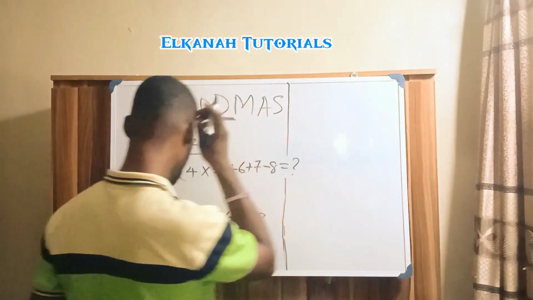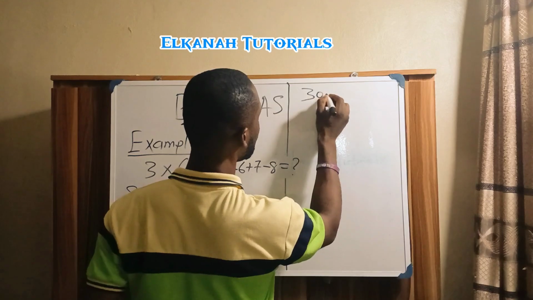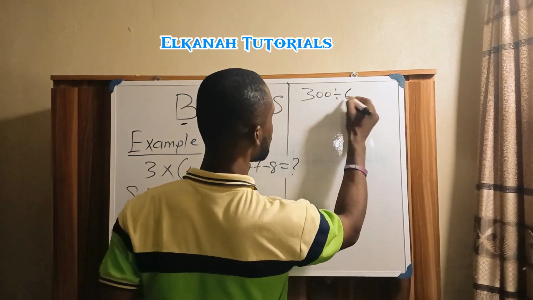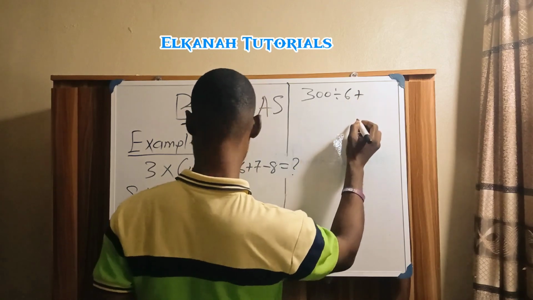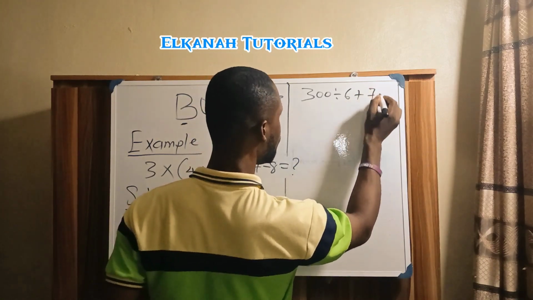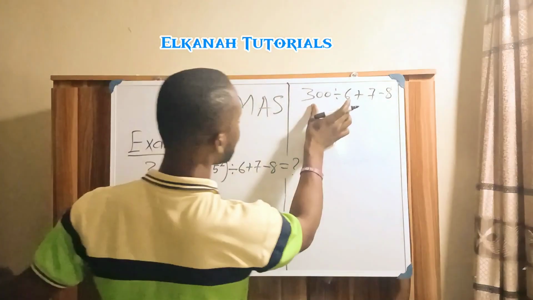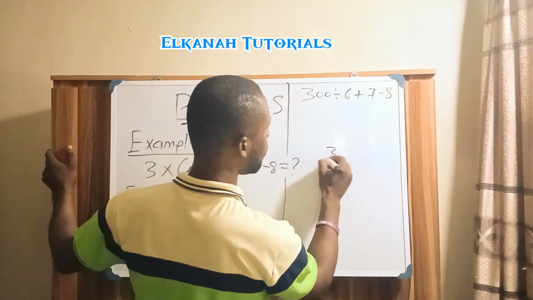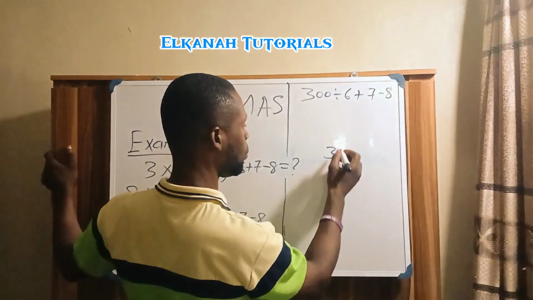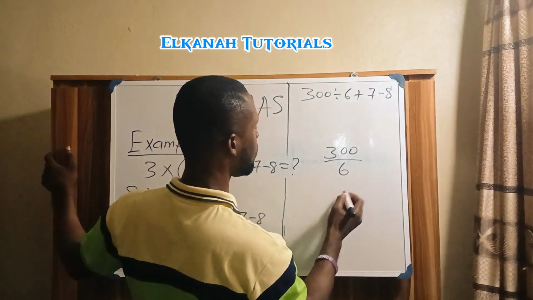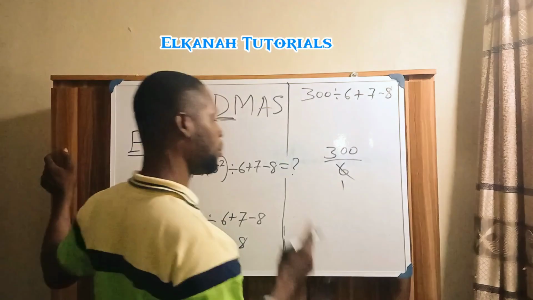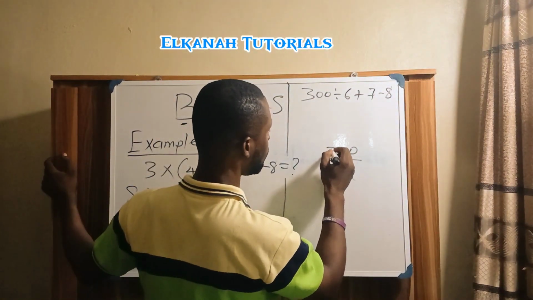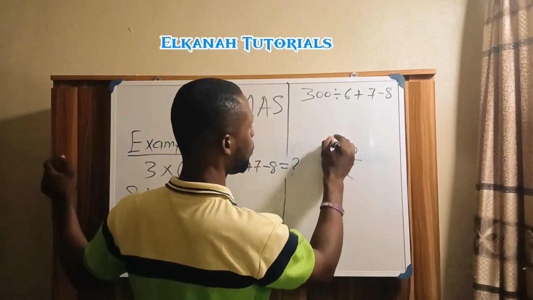So we bring it here. 300 divided by 6 plus 7 minus 8. So if we handle this part, 300 divided by 6, what are we going to have? 6 can go into itself how many times? 1 time. 30, we are going to have 5.